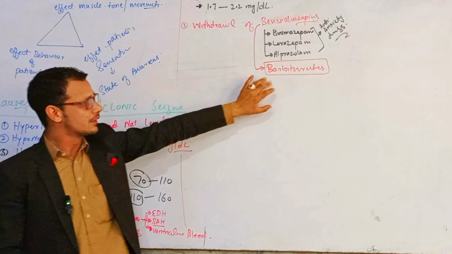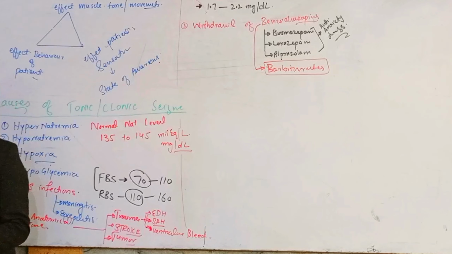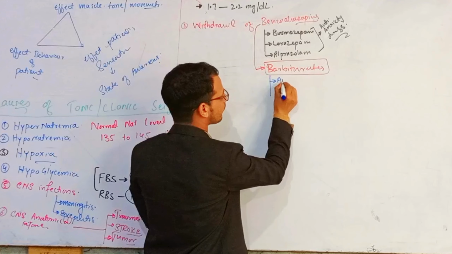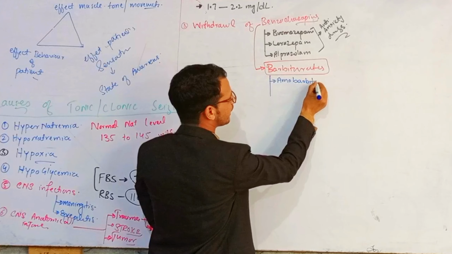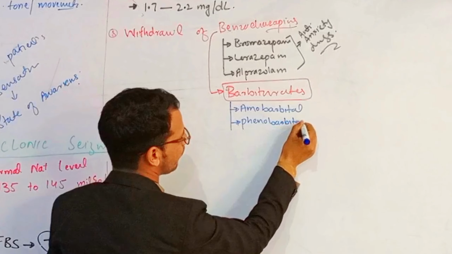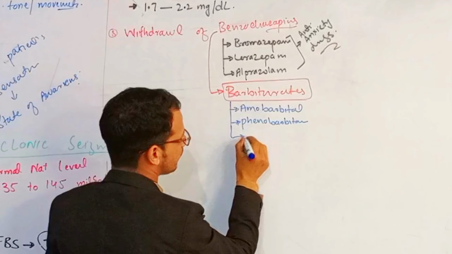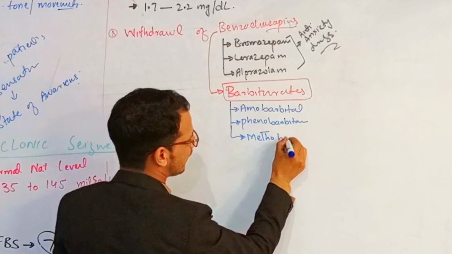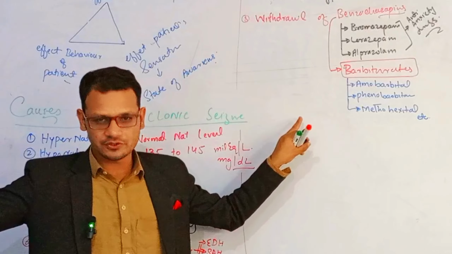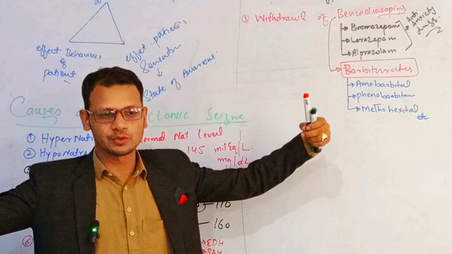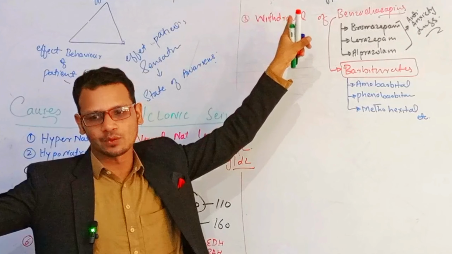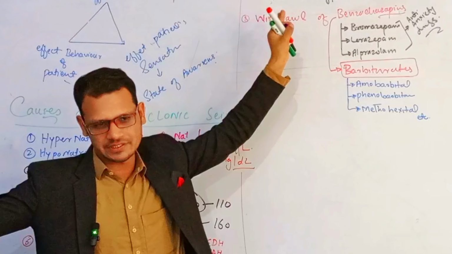For example, we have amobarbital, phenobarbital, methohexital, etc. These drugs are also used for the treatment of seizures, but when you withdraw the medicines from the patient directly, it will cause convulsions, fits, coma, and seizures.